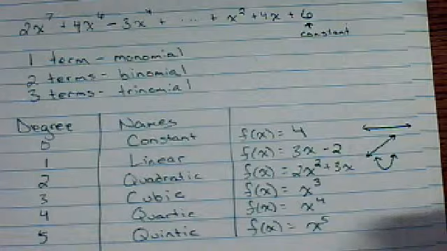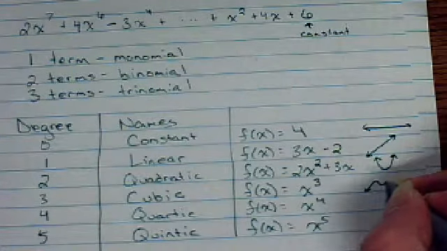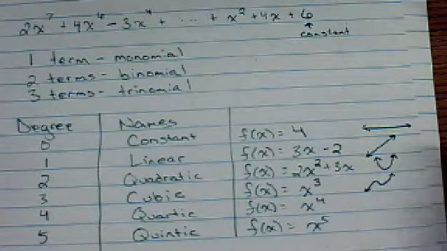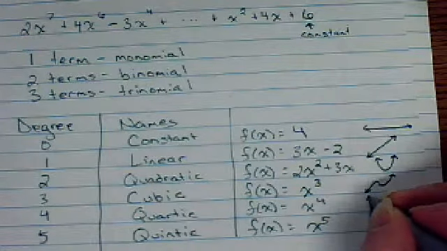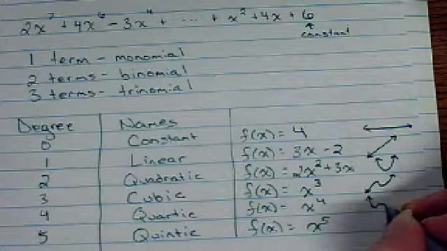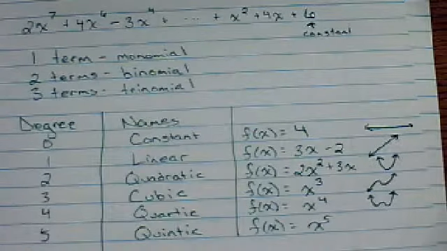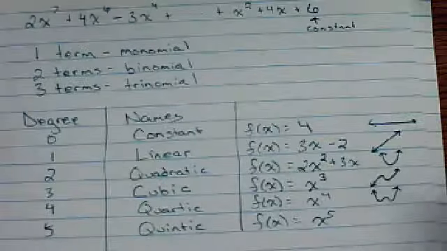X cubed actually gives us a little bit of a wave. X to the fourth is going to end up looking almost like a parabola, but with an extra little hump in the middle. It still opens up like a parabola.